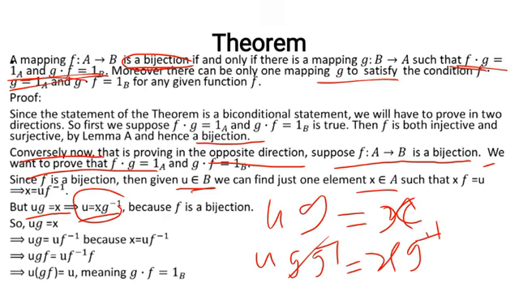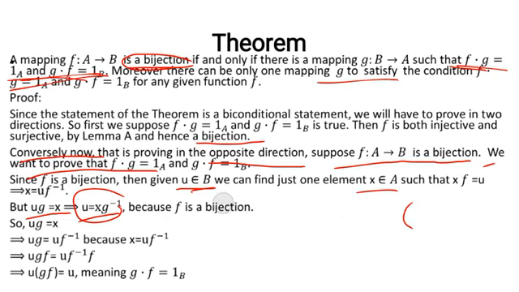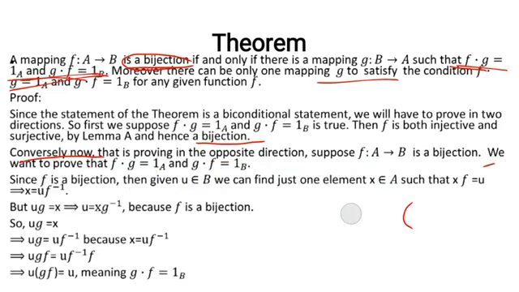Okay, so our target again is to show that you will get the identity maps for both cases, right? Because we already said it's a bijection. So using these two results I obtained from the fact that my F is a bijection, we're going to continue to prove. Okay, so now using this, UG is equal to X is the same thing as UG equals UF inverse.